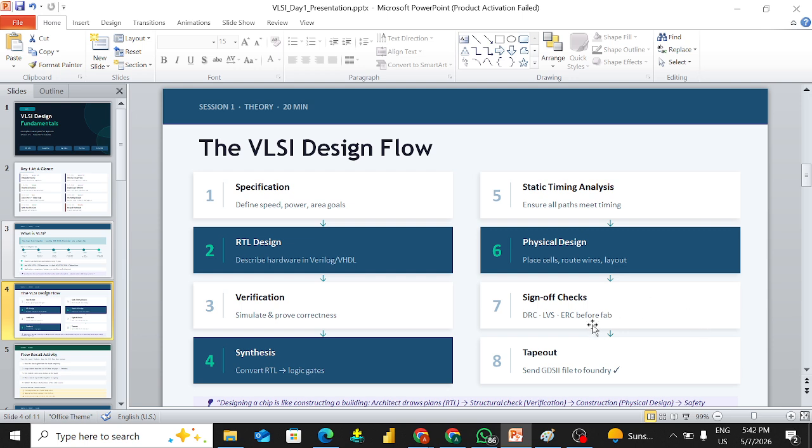It depends on fabrication: you are designing a design, so you need to check the sign off of that fabricated design. The last step is tape out.